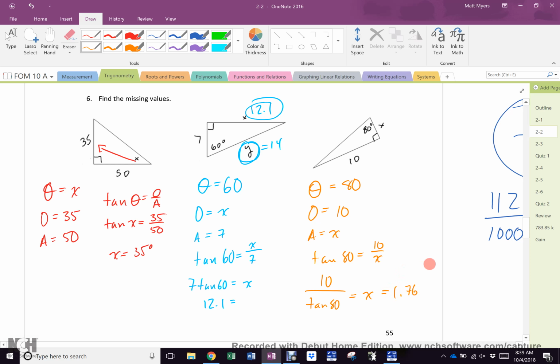Or 1.8, anything like that, right? Now, does that make sense? It should make sense, because if this is 80 and this is 90, this is only 10 degrees, isn't it? So this only moved up a very little bit. So it should be a very small number. Everybody cool? All right.